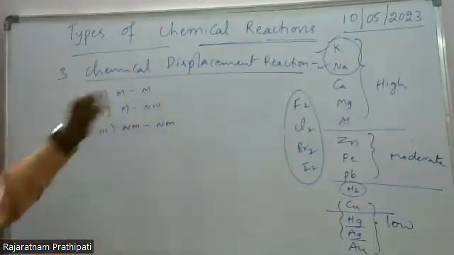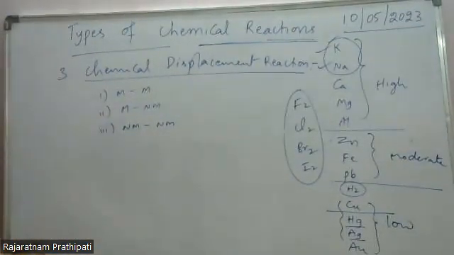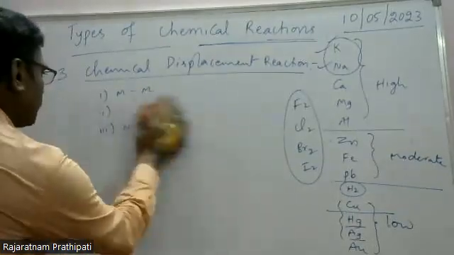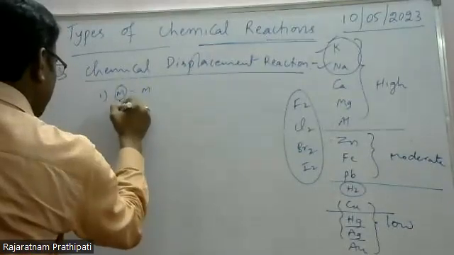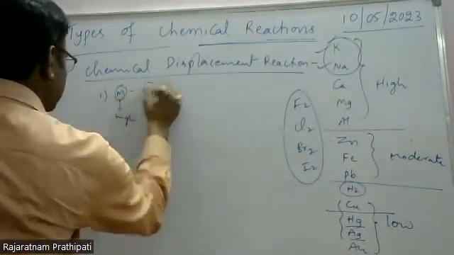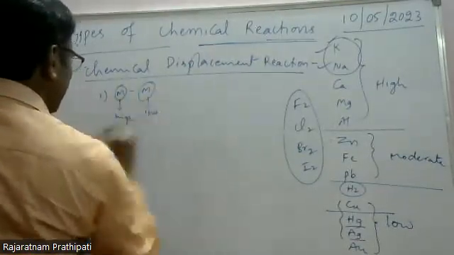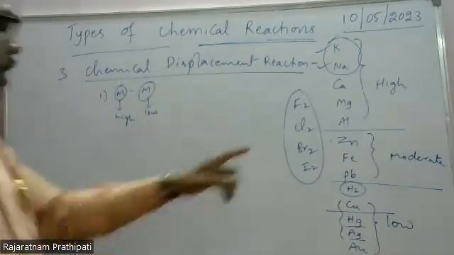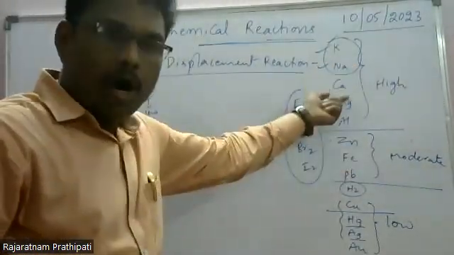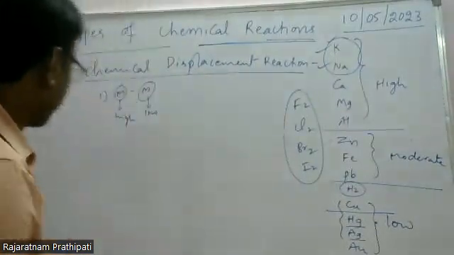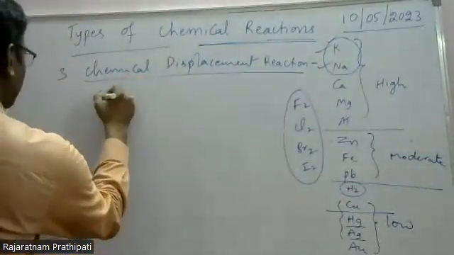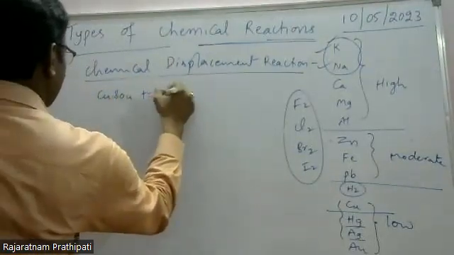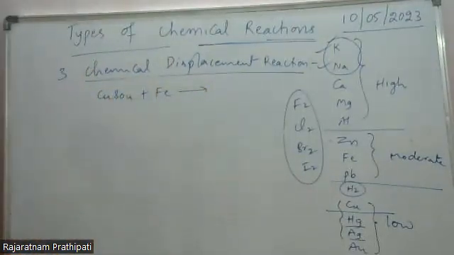Your first case, metal displacement reaction. We already discussed that in metal displacement, a highly reactive metal displaces a low reactive metal. Low reactive metals do not displace high reactive metals. For example, look at this: copper sulfate plus iron gives rise to.